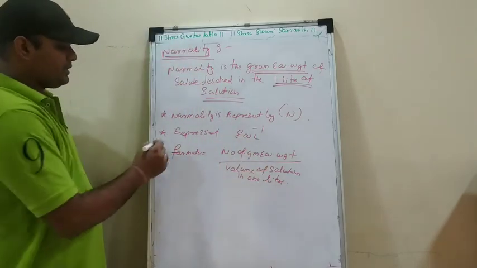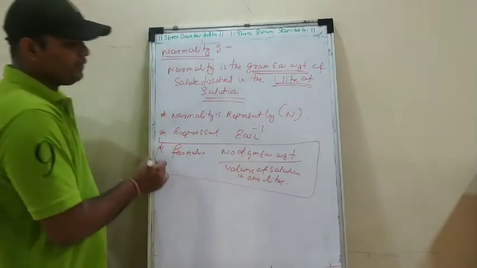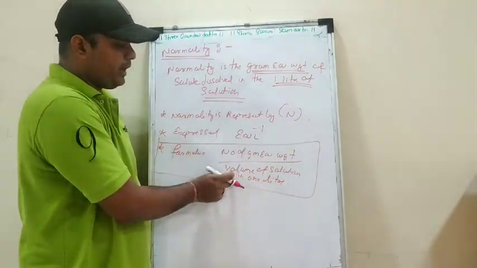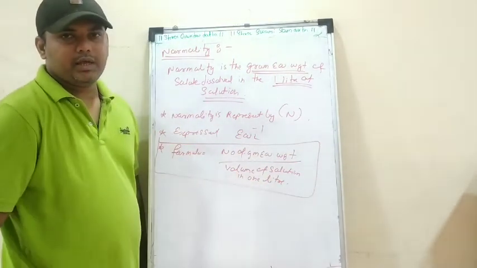So this is the formula for the calculation of the normality. Number of gram equivalent weight divided by the volume of a solution in liters.